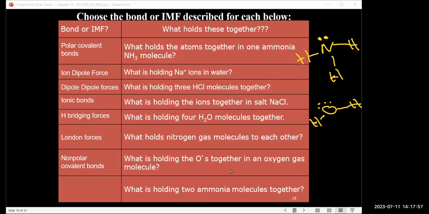It's not London dispersion forces because ammonia is very polar, and it's not ion dipole because there's no mention here of aqueous systems and ions. So that leaves dipole or hydrogen bridging. Since we have hydrogen bonded to nitrogen, which is one of the 3 elements that hydrogen is bonded to, that is assigned hydrogen bridging. The force we have here is hydrogen bridging force, okay?